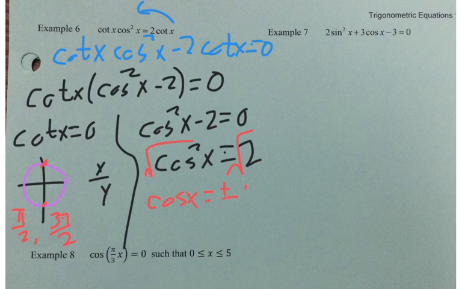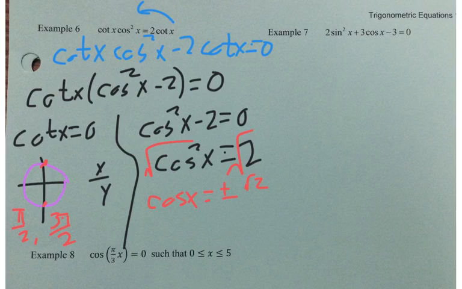What's the square root of 2? Radical 2. There's no denominator. I could put it over 1, or I really don't have to.